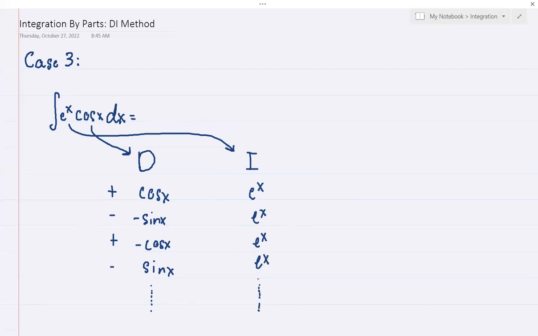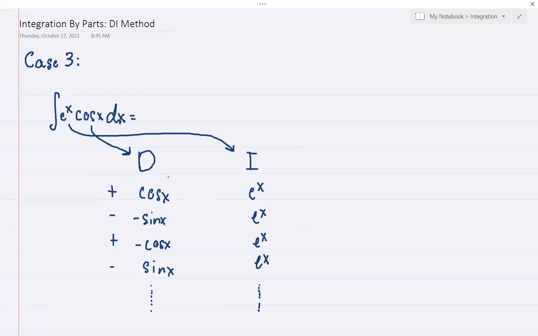And as you can see, for both of these functions, if you keep taking the derivative or the integral, it will not reach 0. It's so obvious because for your derivative, we have cosine, then negative sine, then negative cosine, then sine, then cosine, and so on and so forth, right? So it doesn't change.